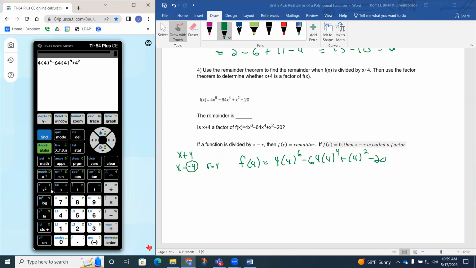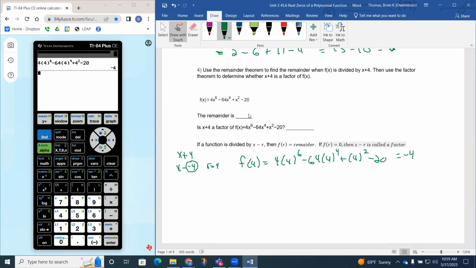I don't need the parentheses there since 4 is a positive value. And then minus 20. I think we've got that correct. Looks good. Hit enter. I didn't want to do that one by hand. 4 to the 6th power is quite a bit of math. So we do actually end up with just this negative 4.